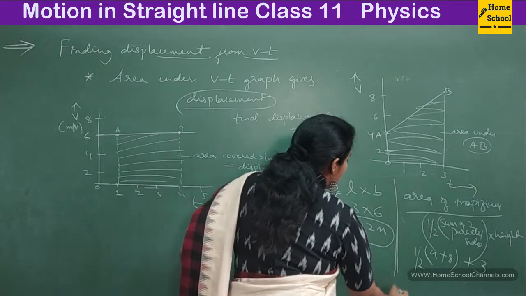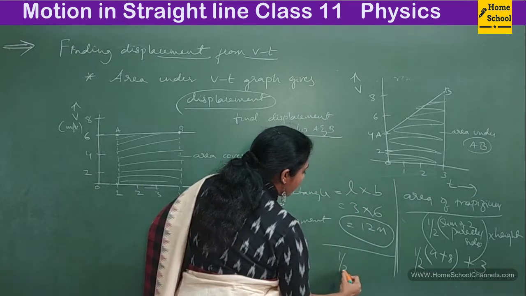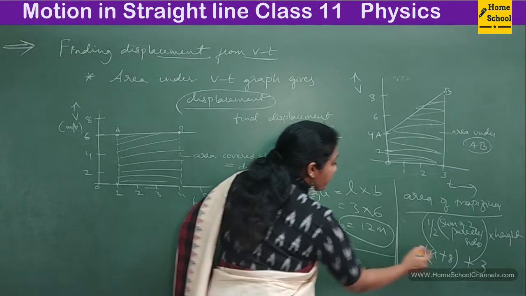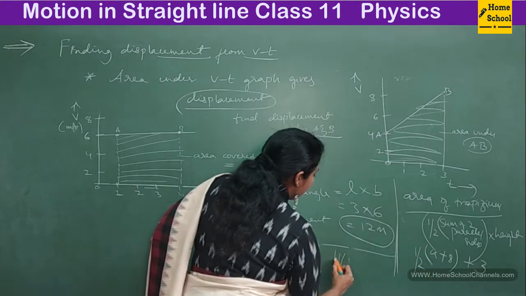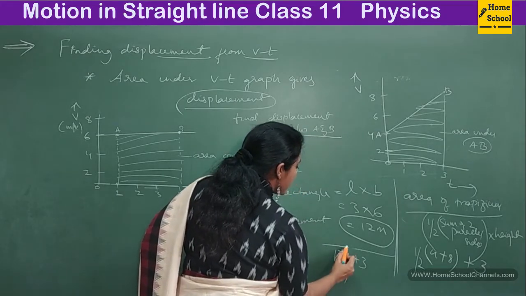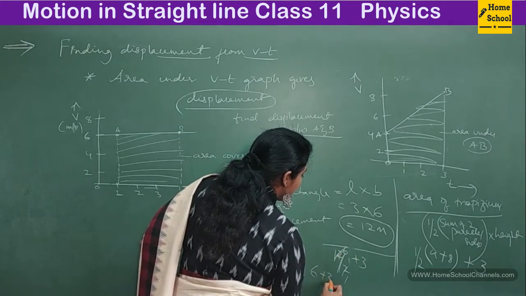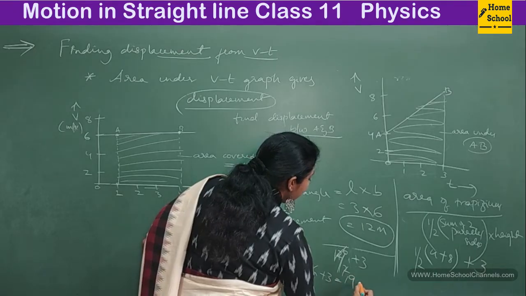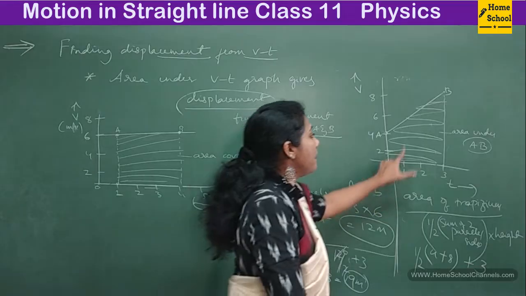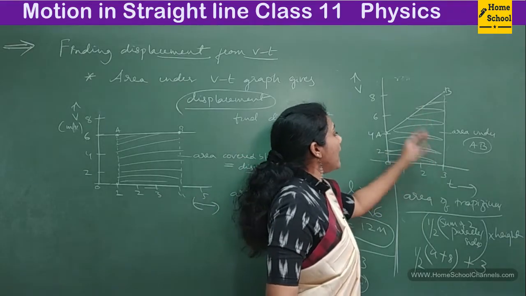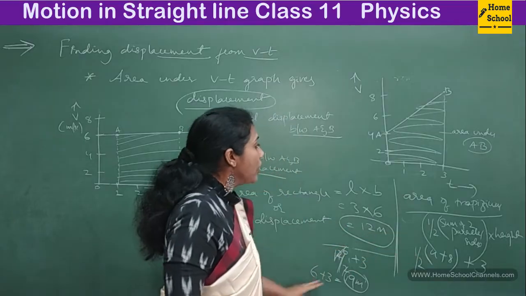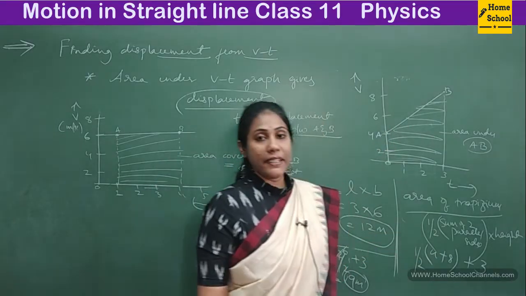So how do you calculate this? Half into 12 is 6, and 6 into 3 is 18... so half into (8 plus 4) into 3 gives 18, and 9 meters is the displacement that you will observe here. So 9 meters is the area of the trapezium you found, and the displacement in this case.